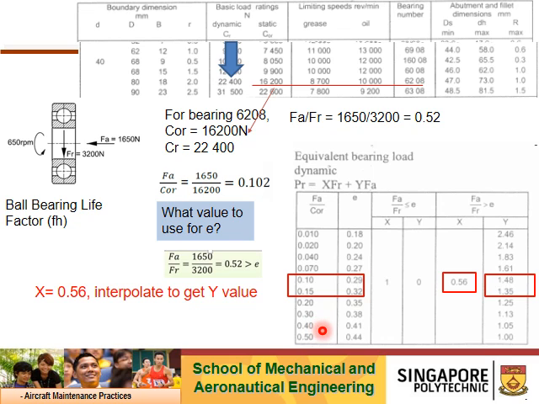Okay, I say again, if your Fa over Cor is 0.40, and after your calculation you find that Fa over Fr is greater than e, then based on this 0.40 ratio, my X is 0.56, and I will choose 1.05.